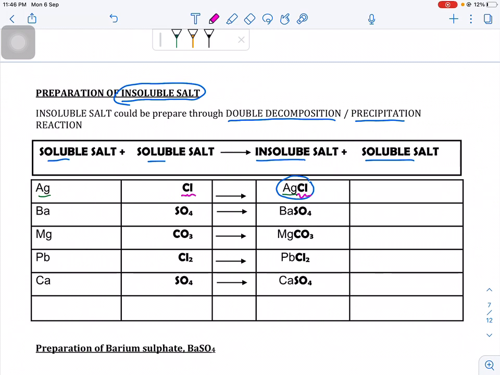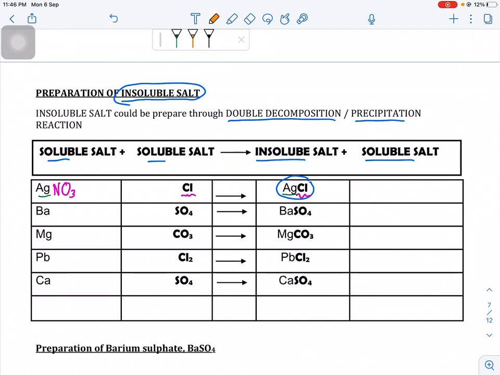Okay, the answer is silver nitrate. Yes, silver nitrate. And we need to find the most suitable soluble chloride salt. For chloride, the insoluble ones are Pb, Ag, Hg. The rest you can use.